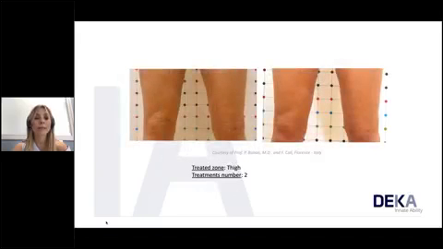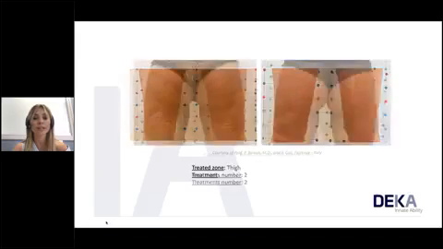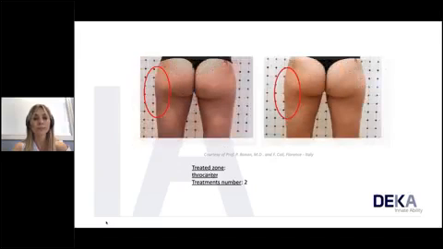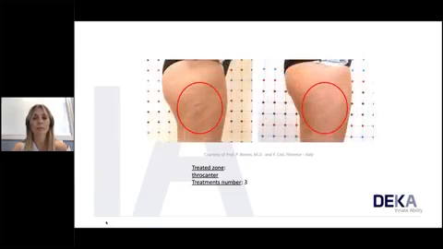The improvement on the upper knee, on the skin quality of the upper knee after 2 treatment sessions. Again, the improvement in cellulite, the improvement in skin quality in general after 2 treatment sessions. And again, you can see the loss of circumference in the trochanter area after 2 treatment sessions.